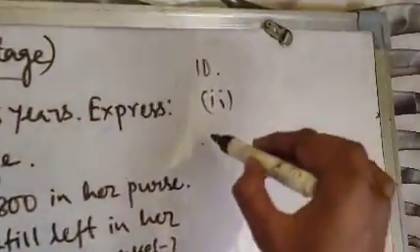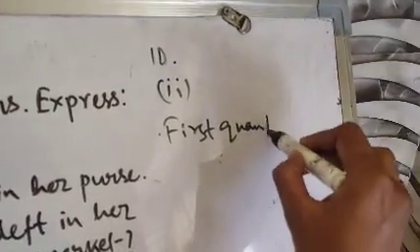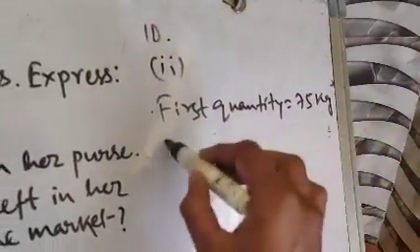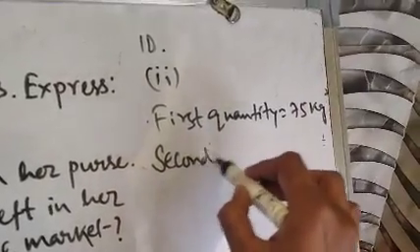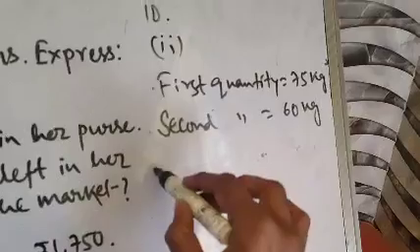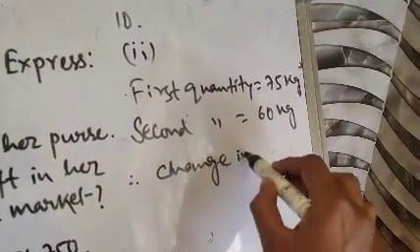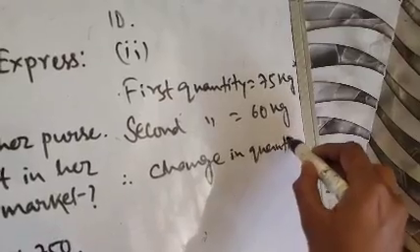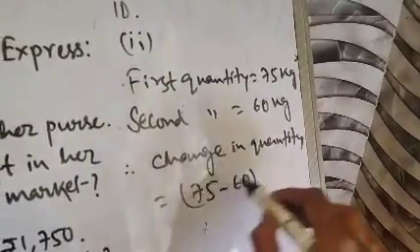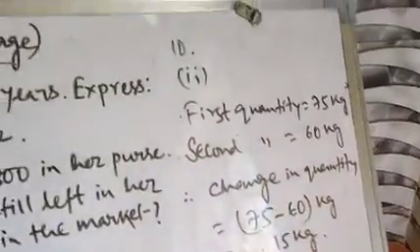So the first quantity is 75 kg, the second quantity equals 60 kg. Therefore the change in quantity will be 75 minus 60, which is 15 kg. That is the change in quantity, right?